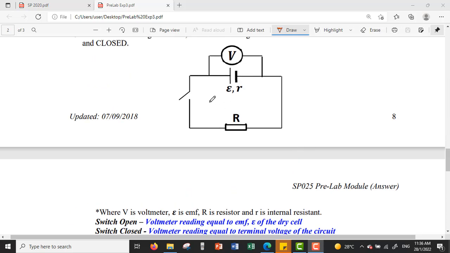When our switch S is closed, we have a complete circuit whereby the current can flow out from the EMF and flow through the external resistance. So at that time, the voltmeter reading will be equal to the terminal voltage of the circuit when the switch is closed.